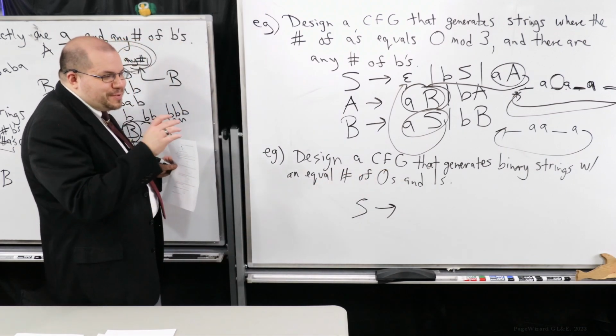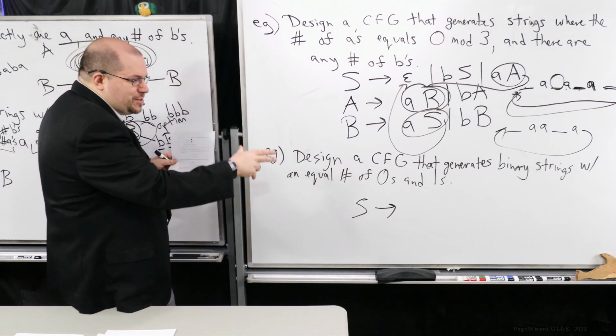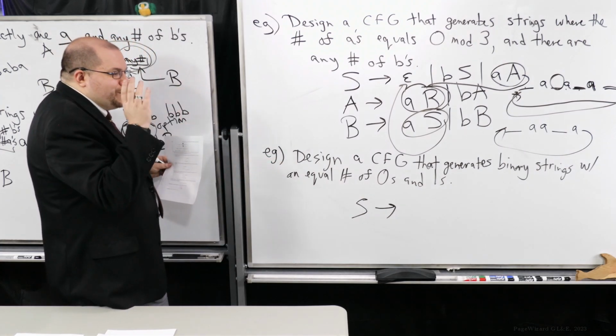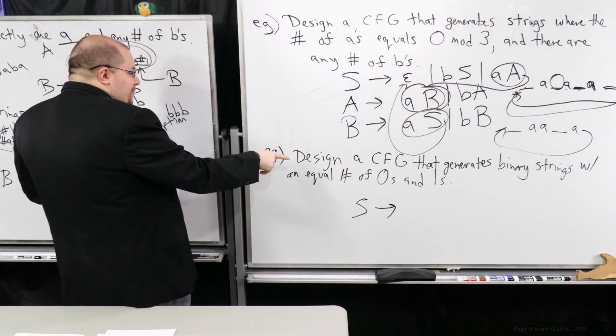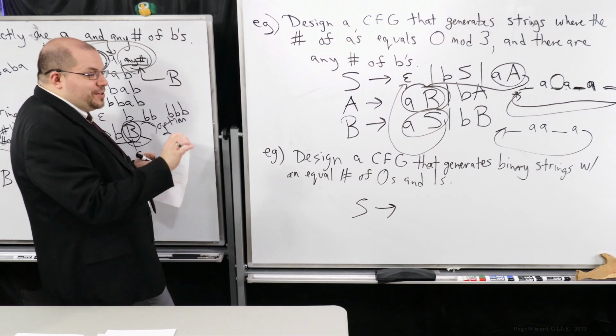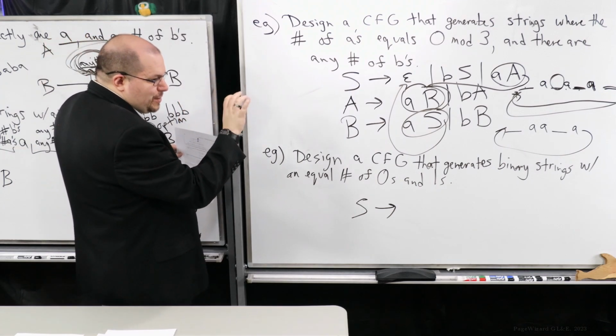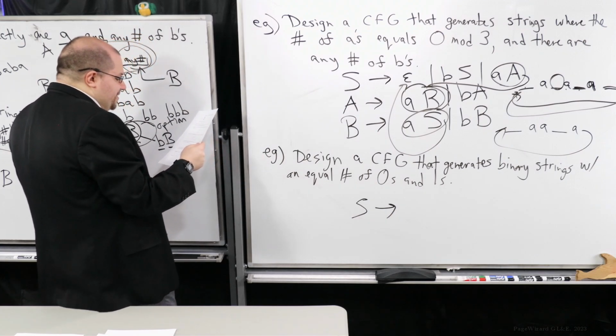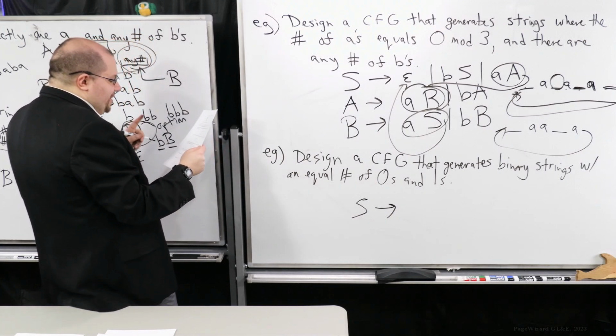It isn't just a whole bunch of zeros then a whole bunch of ones, which we proved isn't regular, right? However, this right here doesn't require that they're all the zeros then all the ones, right? So we have to be a bit careful about this. This one's a little different.